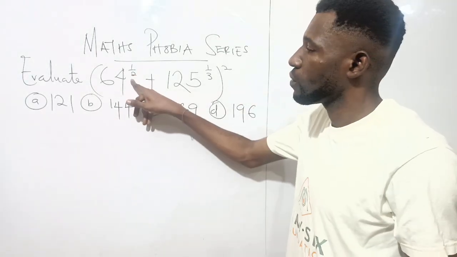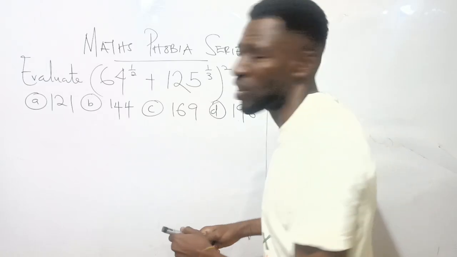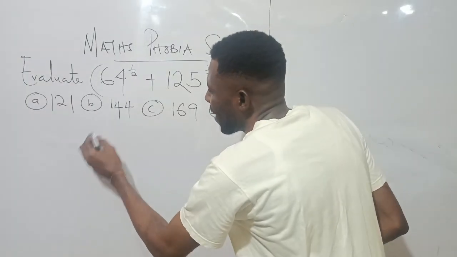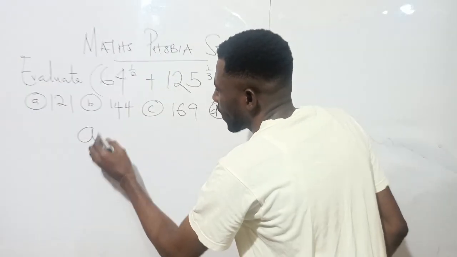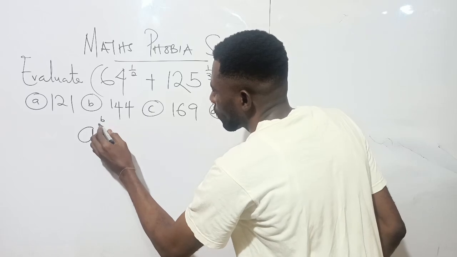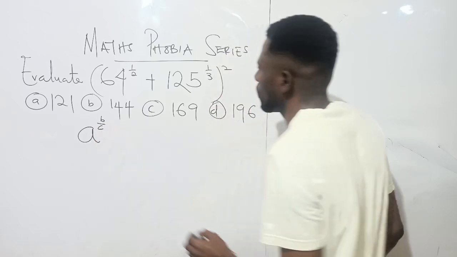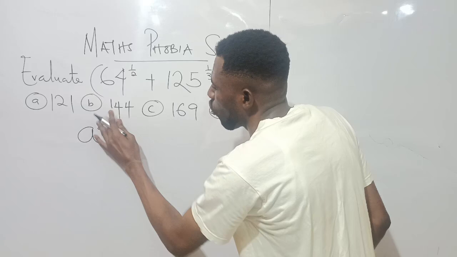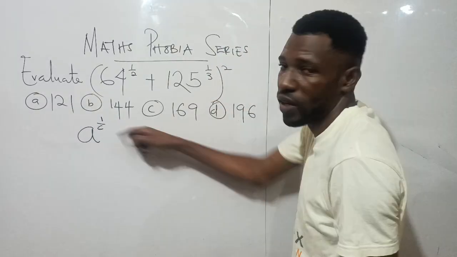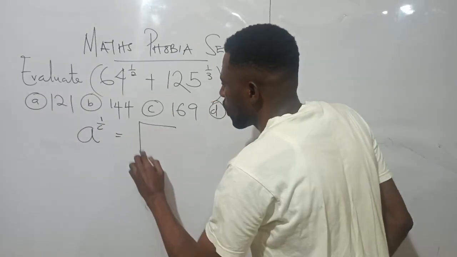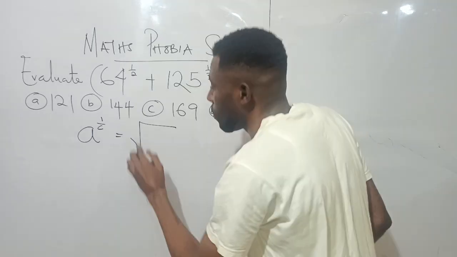It's telling us there's a law in indices that says if we have A raised to the power of B over C, or A raised to the power of 1 over C, it means the C root of that number.